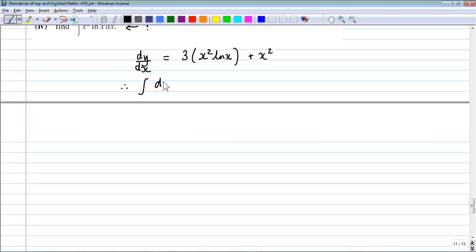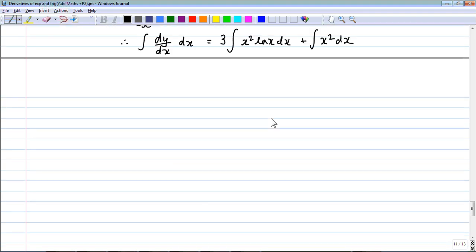The integral of dy by dx equals 3 times the integral of x squared log x dx plus the integral of x squared dx. I hope that makes sense to you. Now the left hand side of that equation is just y. And this is easy. This is x cubed over 3.